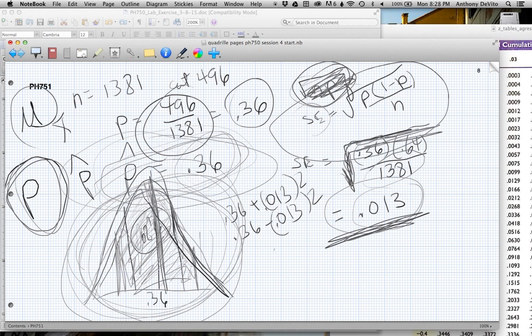So the way we're going to wind up using this is that when we take a sample and the proportion comes out to be 0.36, we're going to use the variability that we have here and say to ourselves, well, if I assume for the moment that the true population is 36% of the population is going to be willing to give up a salary, the outcomes might be 95%. 95% of the outcomes would be between 2 standard deviations below and 2 standard deviations above.